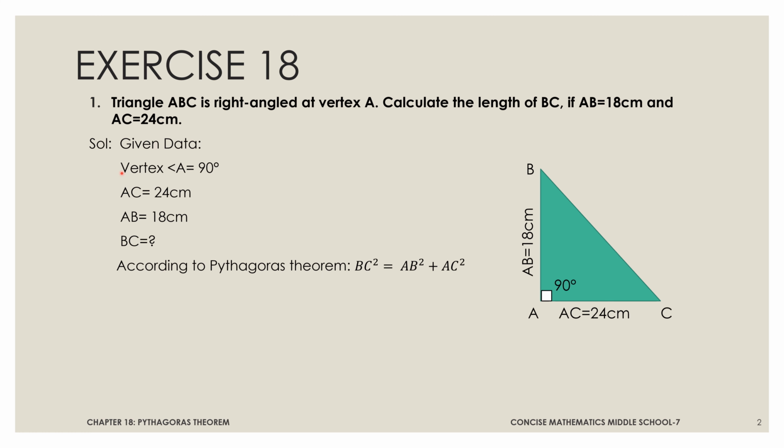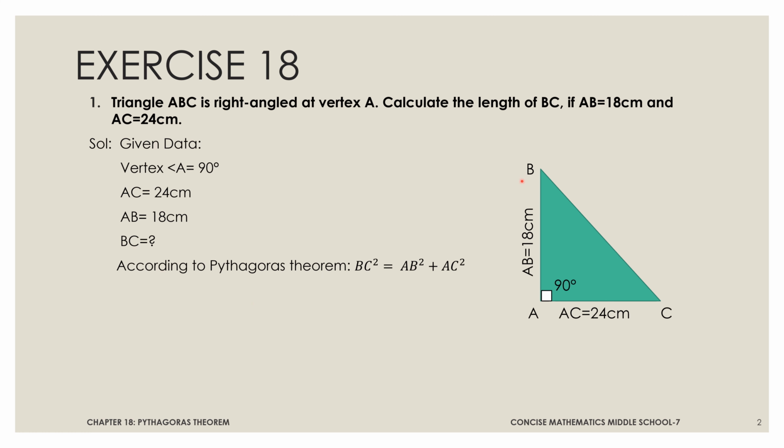Now just substitute these given values inside this formula. BC or CB, it's both the same, right? You don't get confused. If it is CB, it doesn't make any change. The length is same.